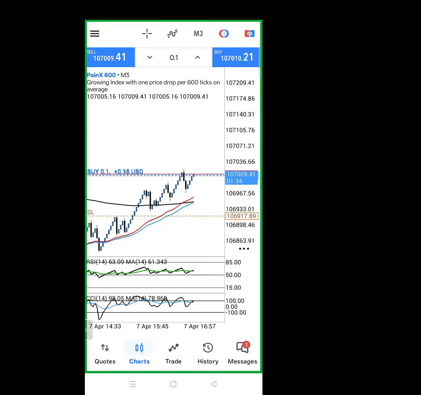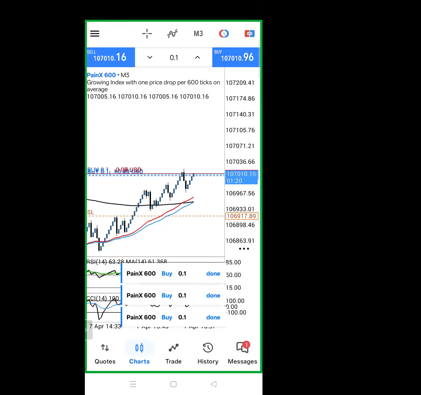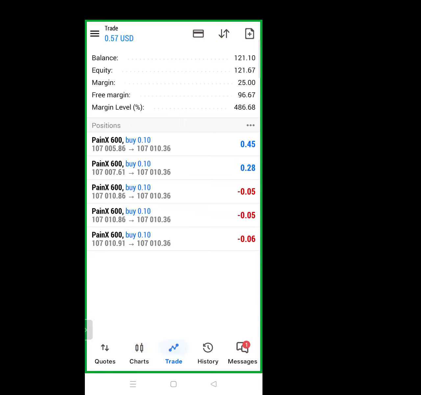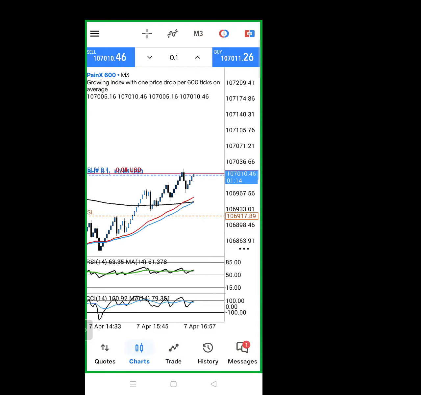The CCI has crossed the minus 100, crossing to 100 and above. So this is actually a good trade. I want to add positions, 1, 2, 3. Okay, so you can buy P6. You can buy P6. So now we'll be looking for our take profit.